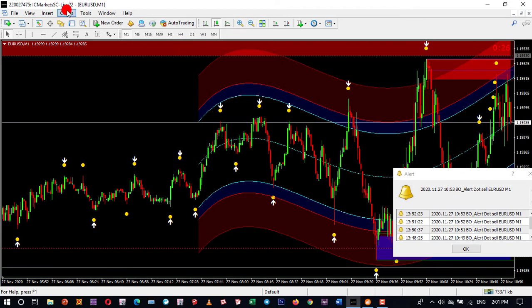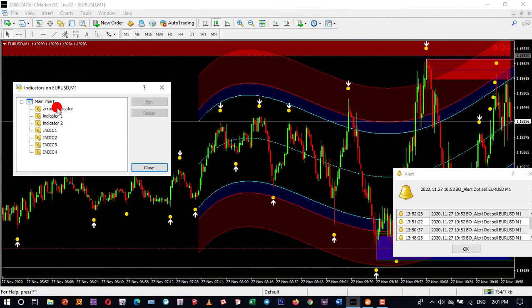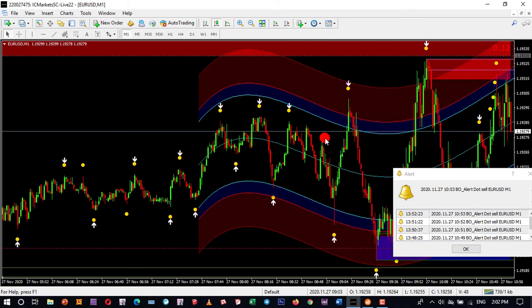Let me show you how many indicators are used for this strategy. One is the arrow indicator, then 1, 2, 3, 4, 5, 6, 7. Seven indicators are used for this strategy. You will get three strategy combinations.